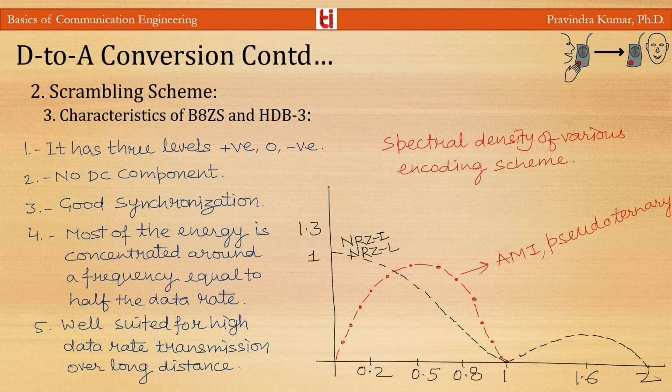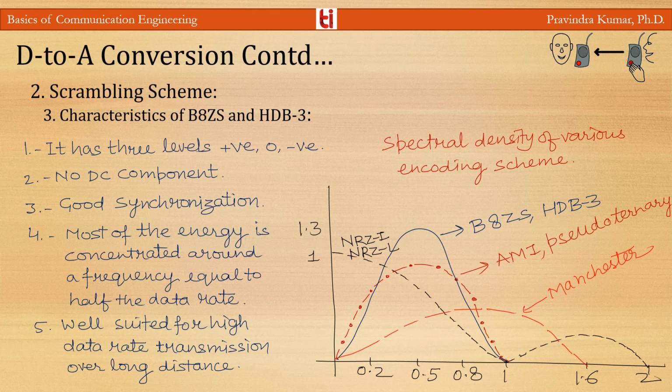And this is the spectral density of various encoding schemes for NRZ-L and NRZ-I. This is the spectral density as we have discussed in the previous lecture, and this is the spectral density for AMI and pseudo-ternary, and this is the spectral density for B8ZS and HDB3, and this is the spectral density for the Manchester encoding.